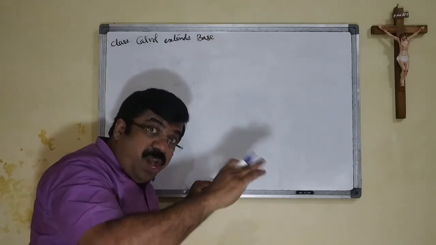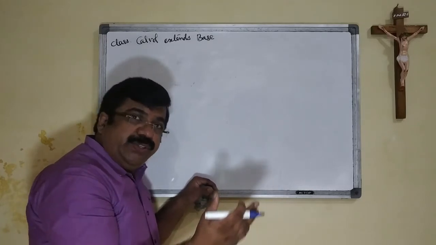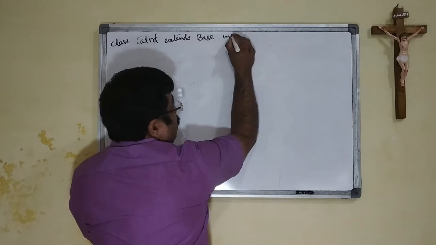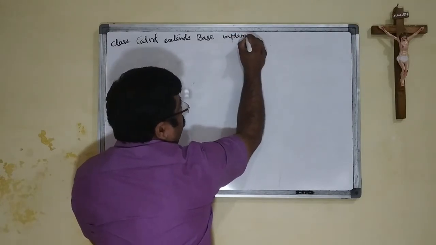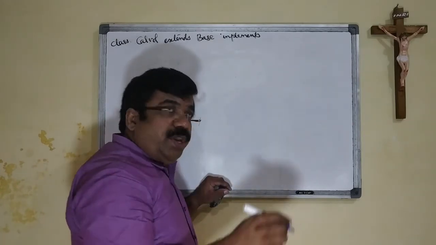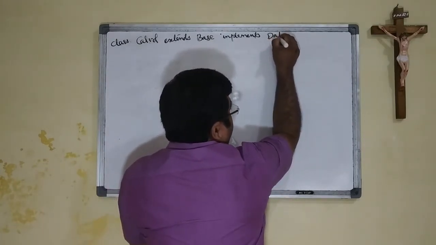Now we have to have that second one, that is our interface. Interfaces are implemented, so you may write implements, what? The interface name. What was that? Data.